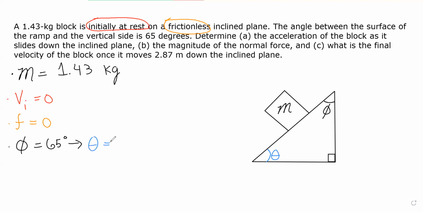Since the sum of all angles inside a right triangle, or any triangle, should be 180 degrees, we could take 180 degrees, subtract away the right angle, subtract away the given angle phi, and we'll get that remaining base angle. So theta must be 25 degrees.